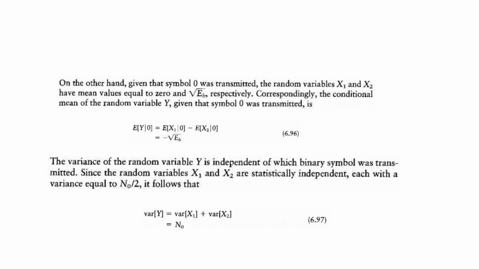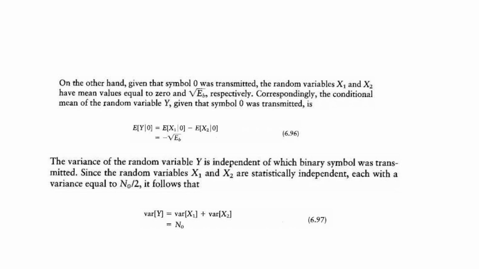So far we have discussed the transmission of symbol 1. Next we consider transmitting symbol 0, where the random variables x1 and x2 have mean values 0 and root Eb.